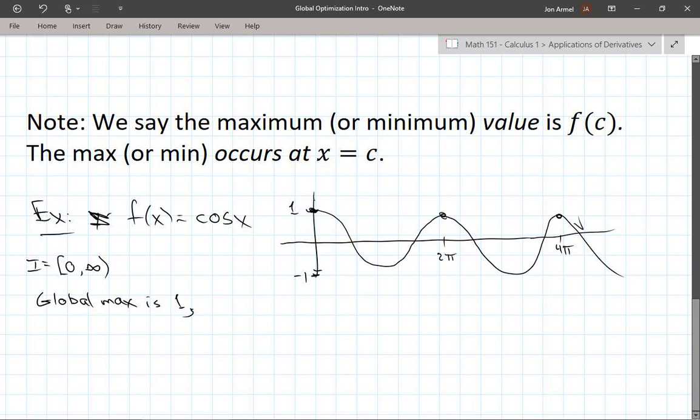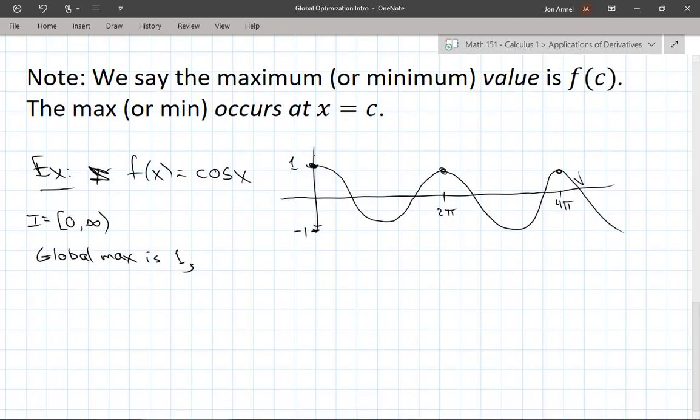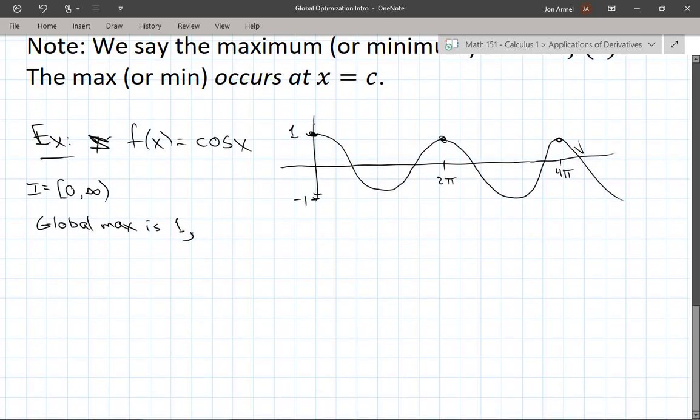So there's only one maximum for the function. A function cannot have two different global maxima because the maximum is the output. If there were two different global maximums, then one of them would be bigger than the other, and that would be the actual global maximum. But the global max can occur at several different places.